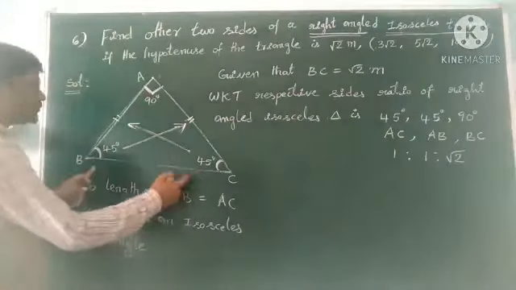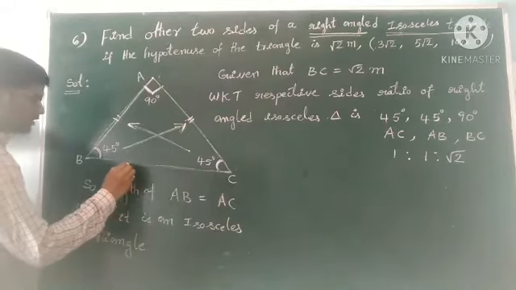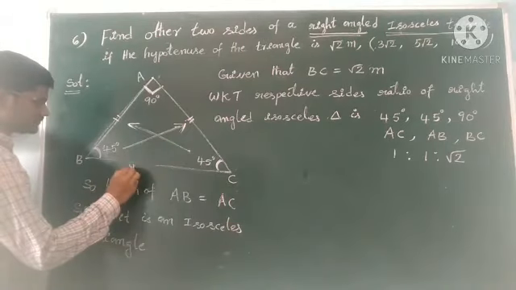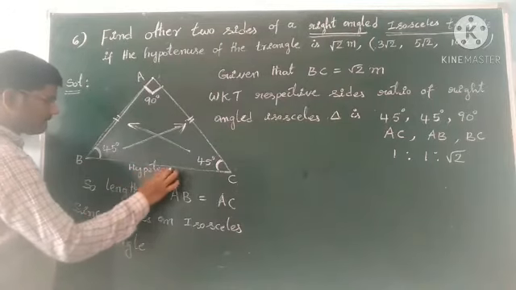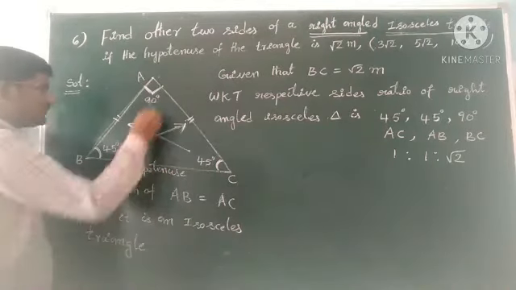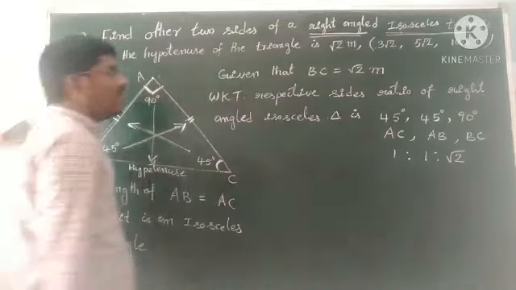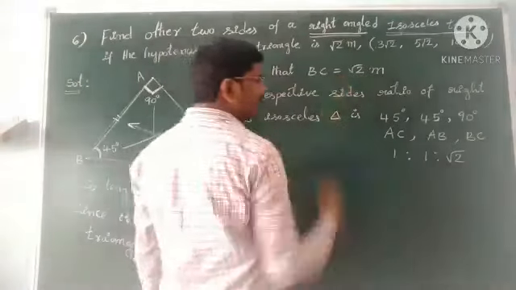BC is the hypotenuse, the longest side, and that BC length they have given.